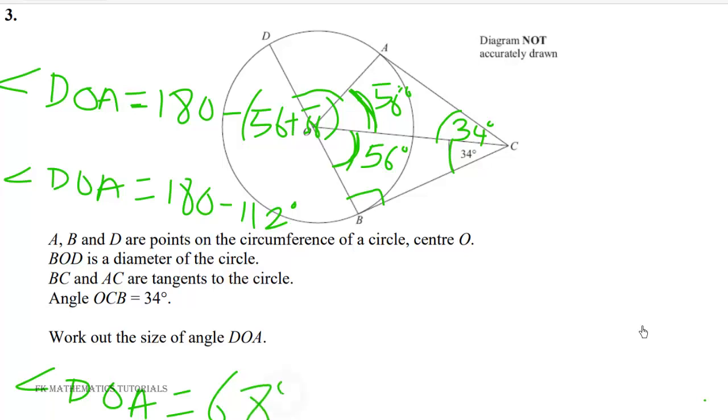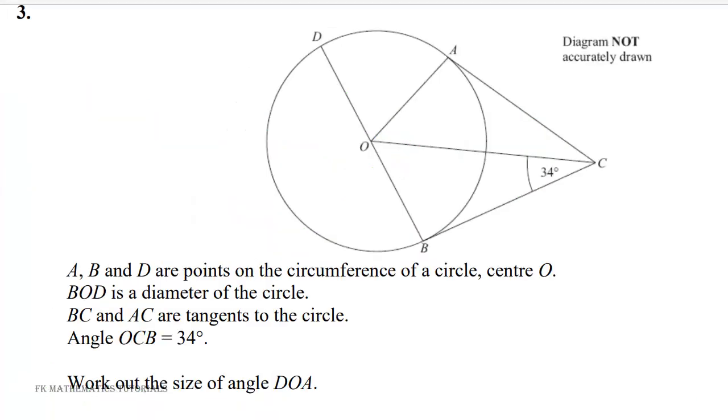and that will give us 68 degrees. You can also approach it differently like this. Since this is 34 degrees, this is also 34 degrees. Then this angle and this whole angle here should be equal to 180, because this is 90, this is also 90, and the sum of angles in the quadrilateral is 360 degrees.